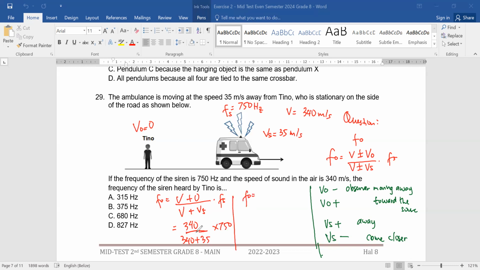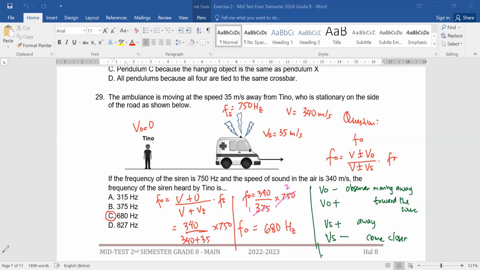So FO equals 340 over 375 times 750. We can cross-cancel: divide by 375, we got 2, and we got 1 here. So 340 times 2 is 680 hertz. This is the frequency that will be heard by the observer. And the answer is C.